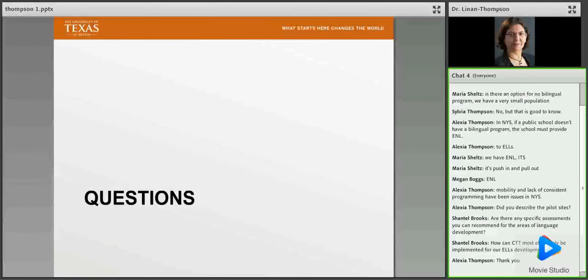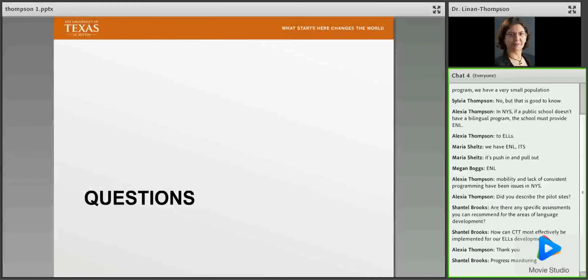One of the questions is whether there are any specific assessments that can be recommended for language development. I'm not sure, Chantal, if you're talking about progress monitoring or screening. For progress monitoring, I can tell you there isn't one.